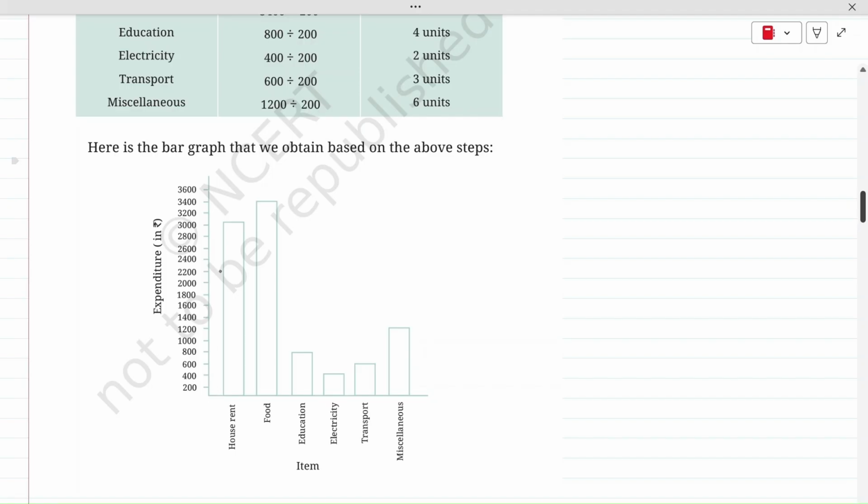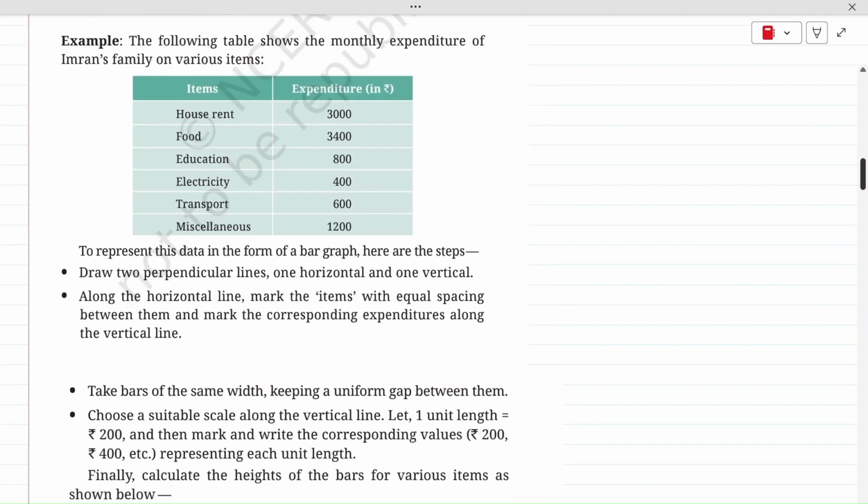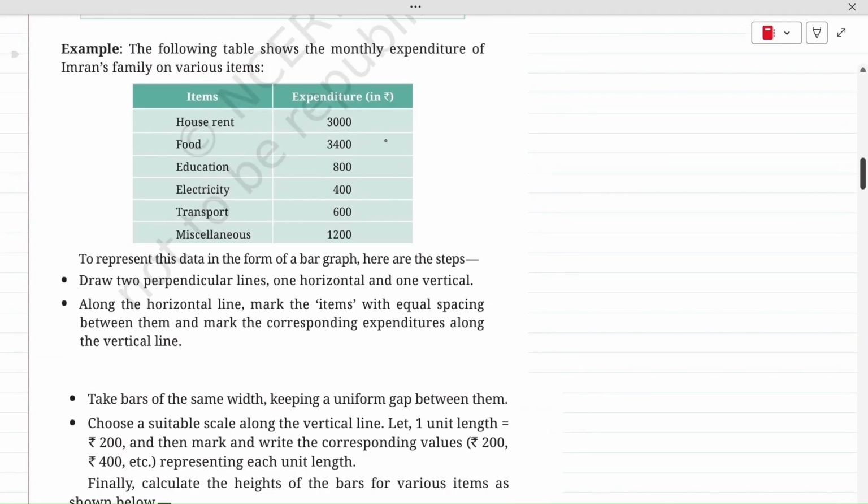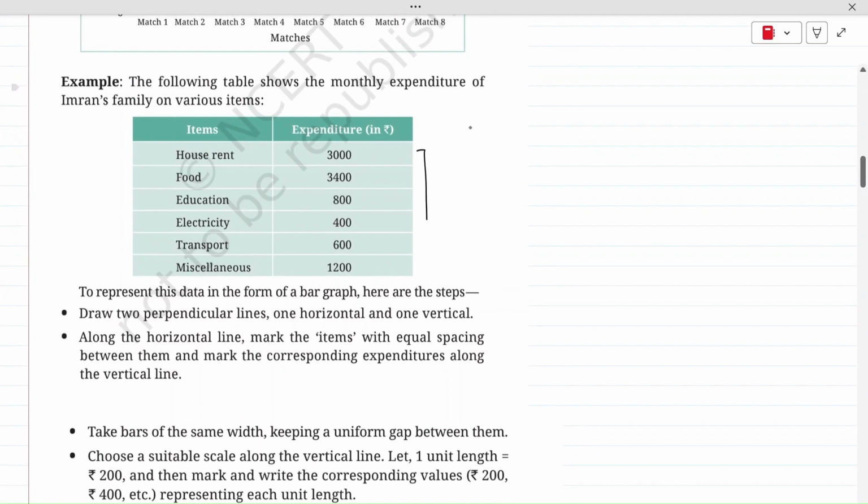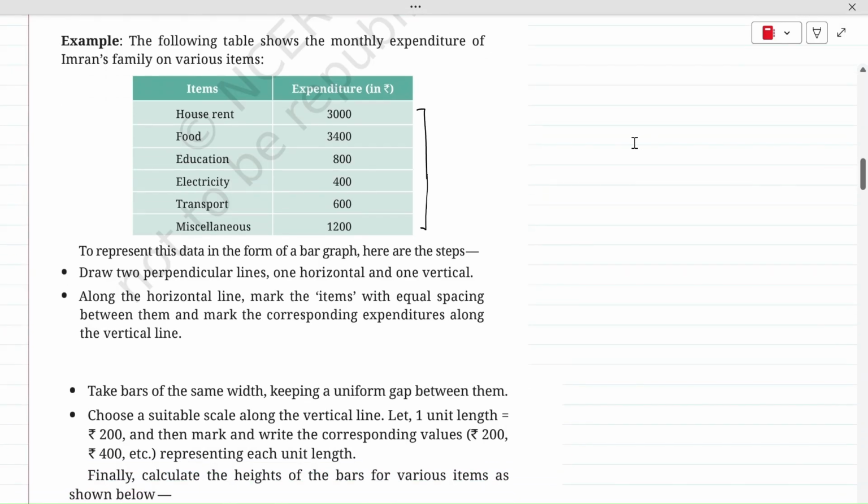So now kids, what is given to us here is this data. On the basis of this data, we have to decide which unit, which scale we should take.